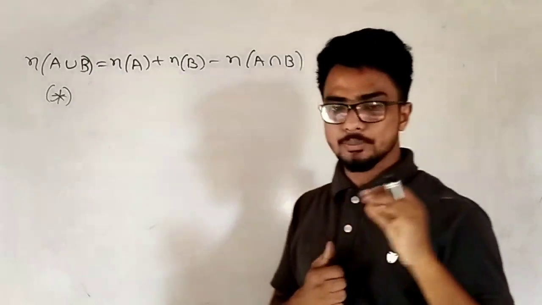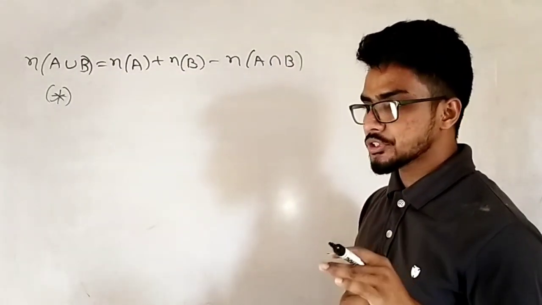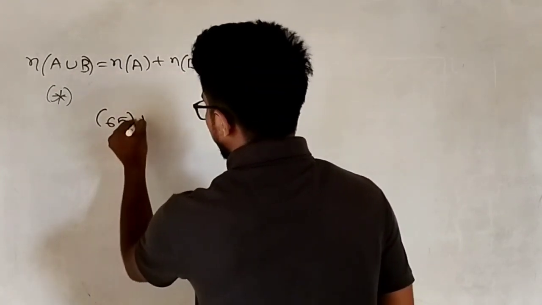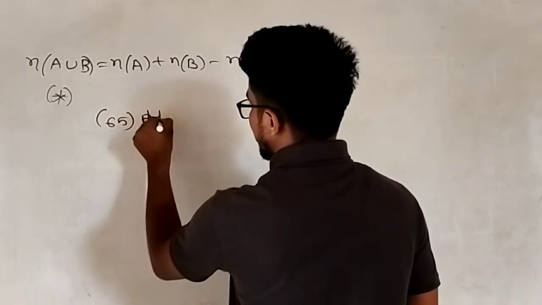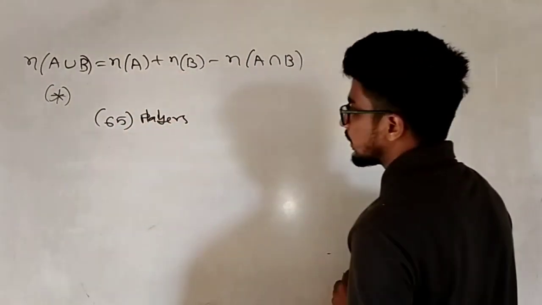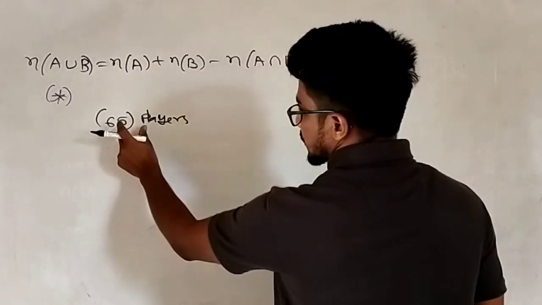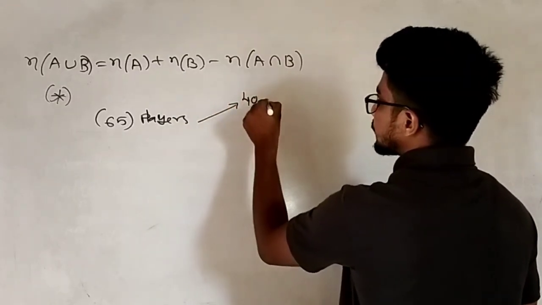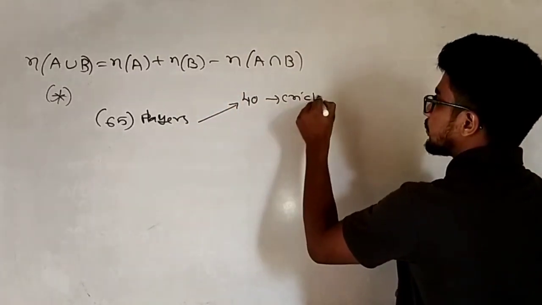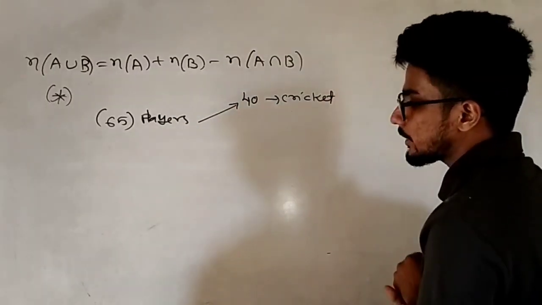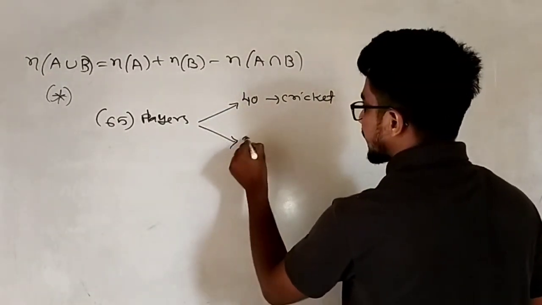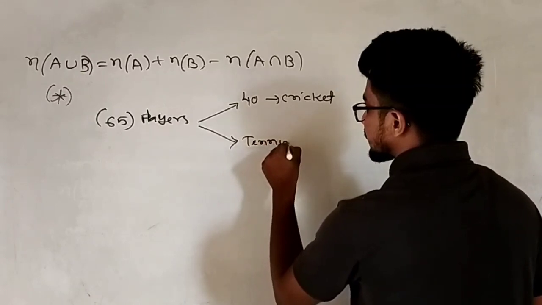Suppose there are 65 players. Okay, there are 65 players, and out of those 65 players, 40 players play cricket, and some players play tennis.